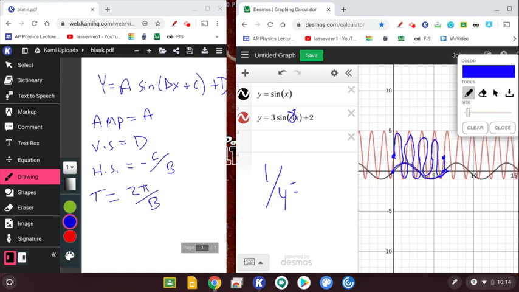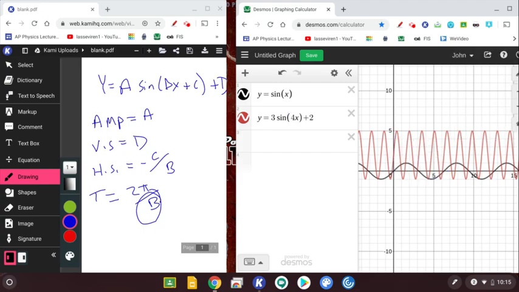But the period is going to describe the amount of time to go up and down. So your b value over here on the left is 4, and the original graph had a b of 1, so it took 2 pi to go up and down once. In this case, it's going to do it in a quarter of the time it takes to go 2 pi, or 4 times in the original cycle, whichever way you want to think about it.